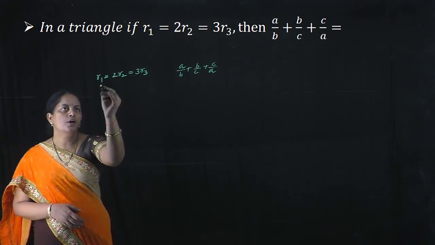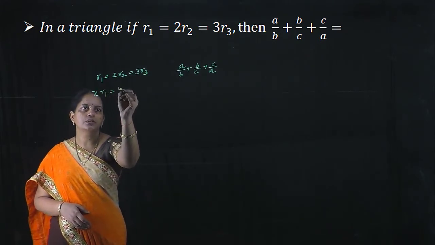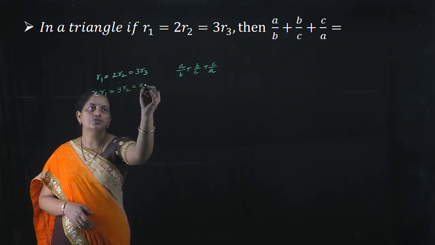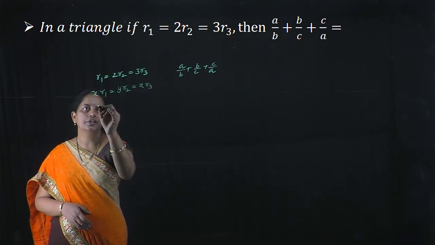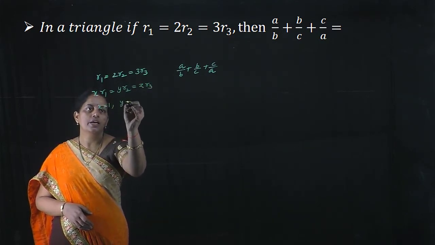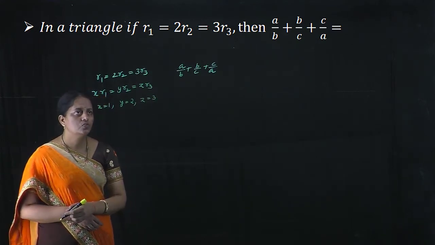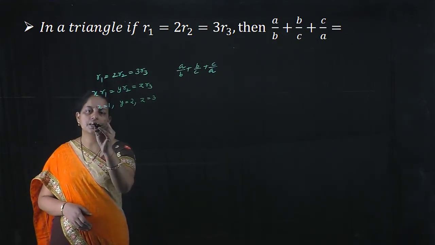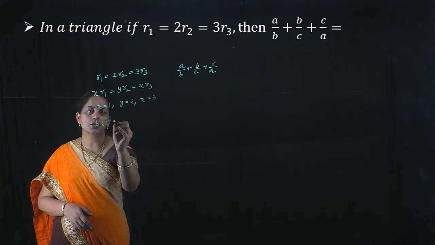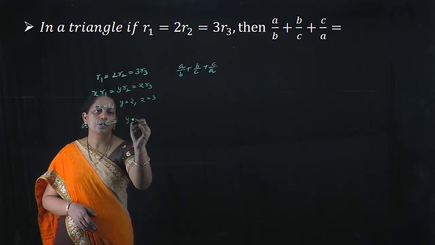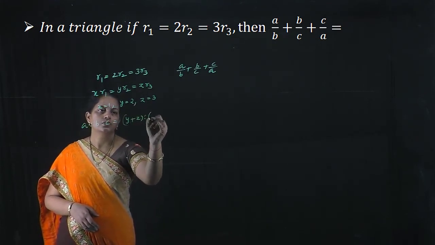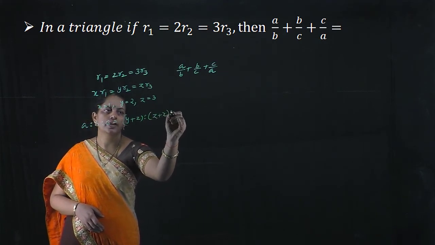It is in the form of xr1 equal to yr2 equal to zr3. By comparing it, we get x is equal to 1, y equal to 2, z equal to 3. If xr1 equal to yr2 equal to zr3, then a is to b is to c is equal to y plus z is to z plus x is to x plus y.